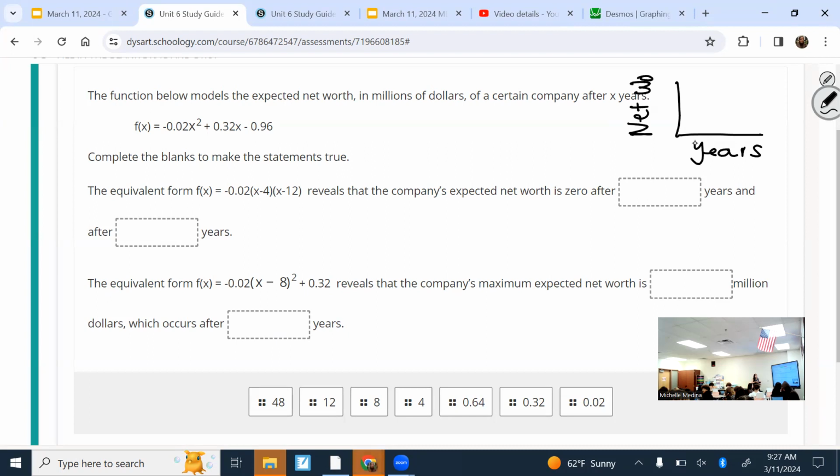That'll help you answer the rest, which says the equivalent form reveals that the company's expected net worth is zero after blank years and after blank years. So where on the graph would my net worth be zero? Would it be zero like here? Where would it be zero at?